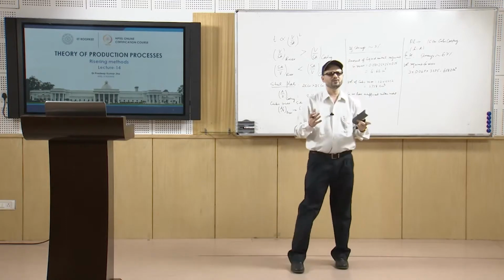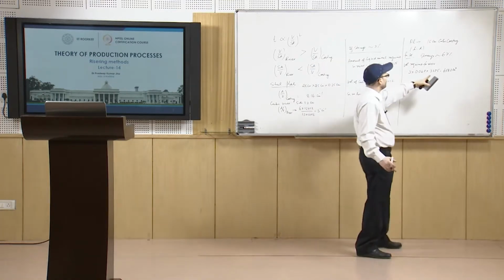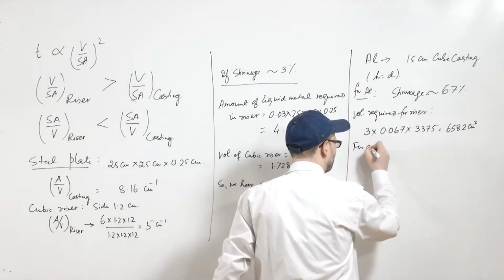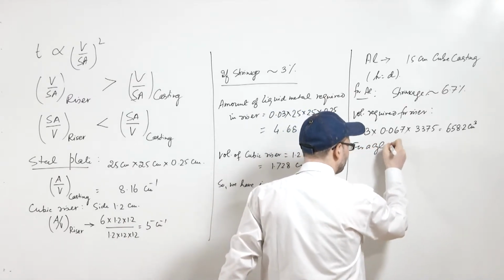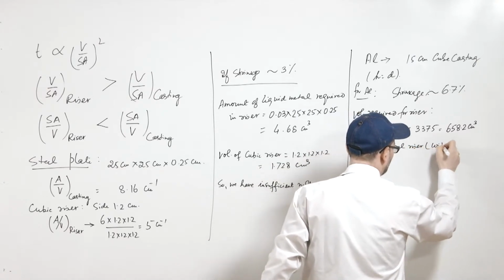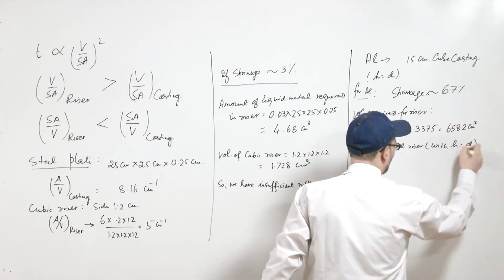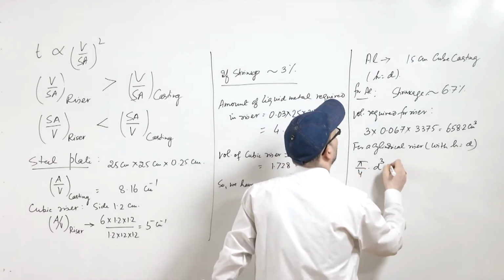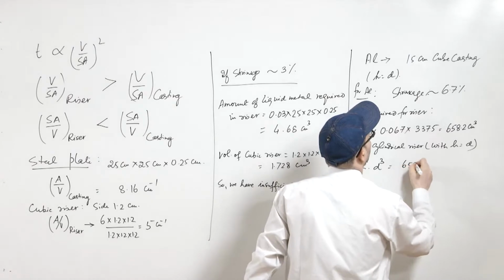So, for H equal to D, if this is the volume of the riser, for a cylindrical riser with H equal to D, the volume will be pi by 4 D cube, and that will be 658.2.